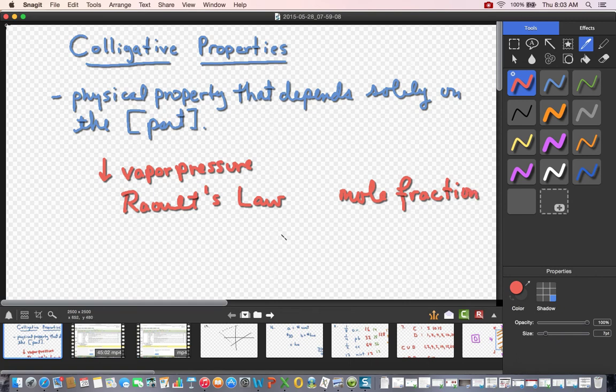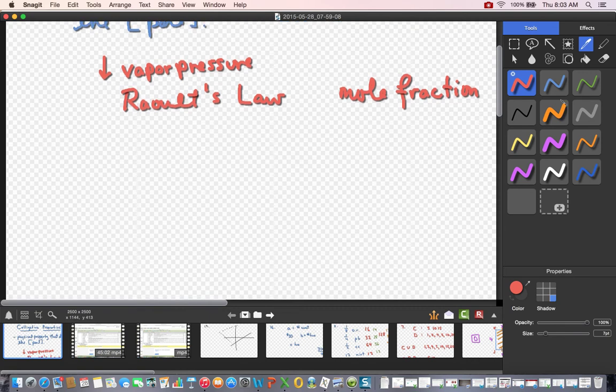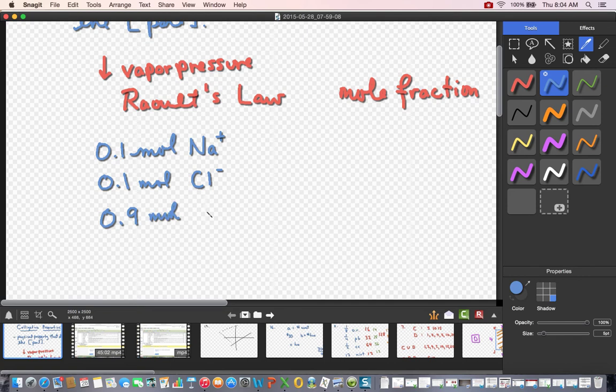And the mole fraction is really a mole percent. Well, in this case, let's say that we have 0.01 moles of Na+, 0.01 moles of Cl-, and we have 0.9 moles of H2O.